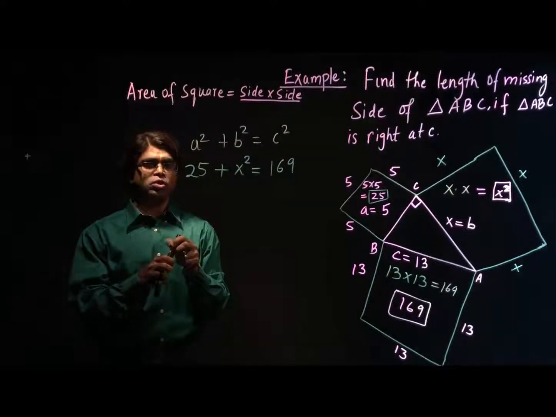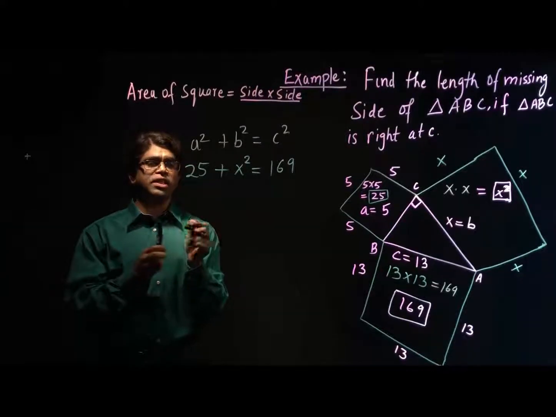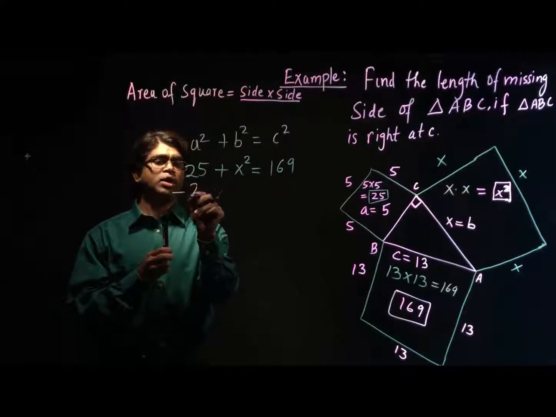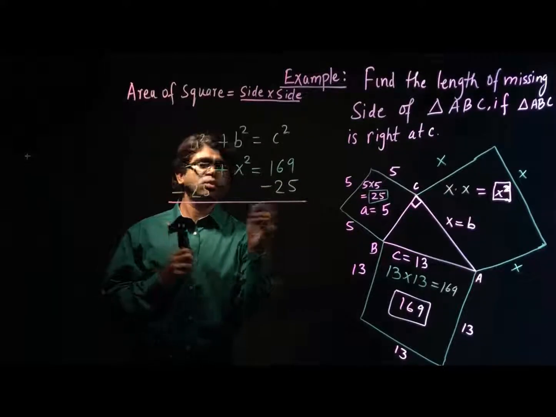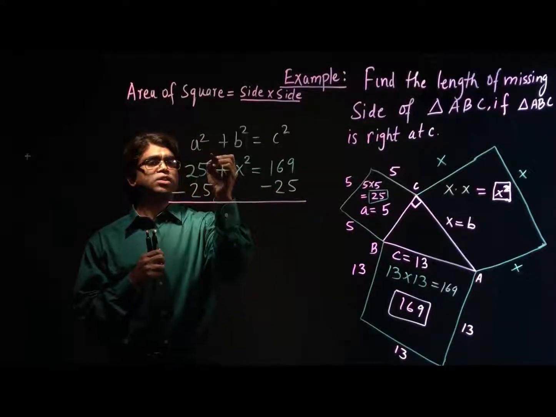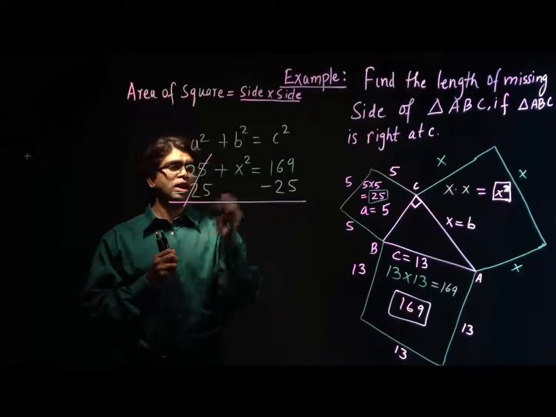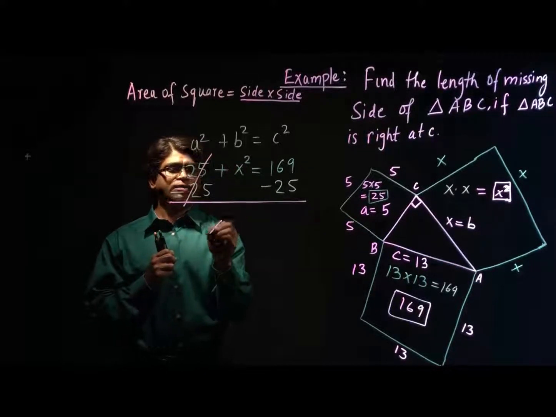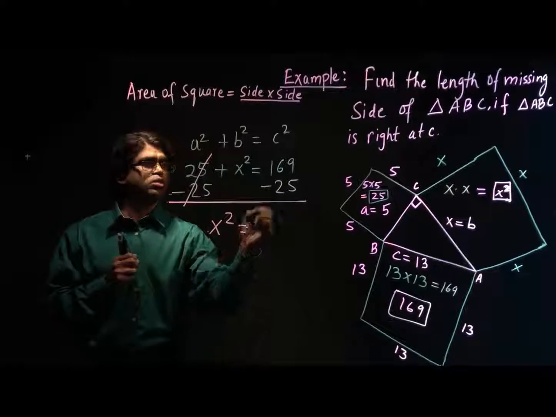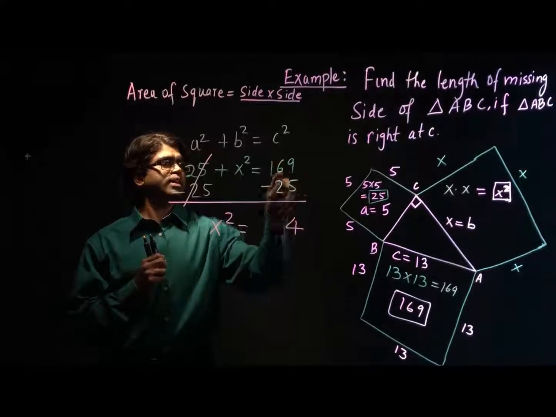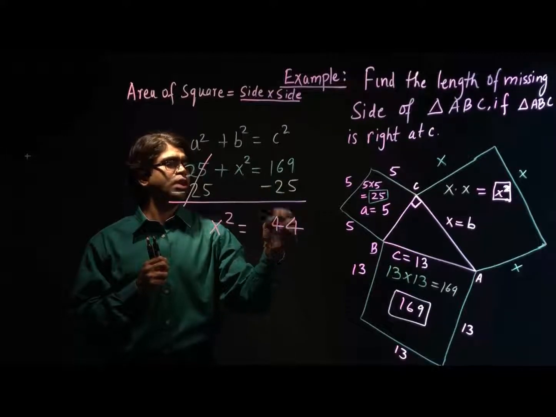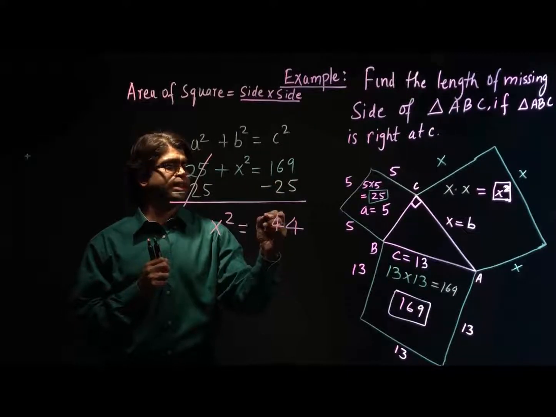Now we need to simplify this. In order to simplify, I'm going to subtract 25 from both sides. If I subtract 25 from both sides, this 25 will be cancelled out and I have only x squared left. So x squared is equal to 9 minus 5 is 4, and 6 minus 2 is again 4, and I have one remainder left, so I will bring that down.